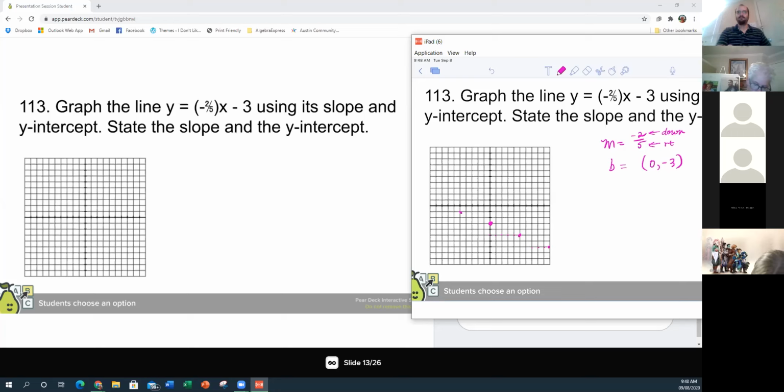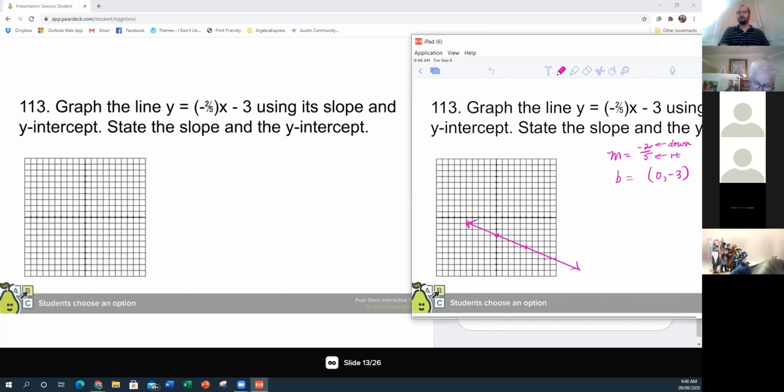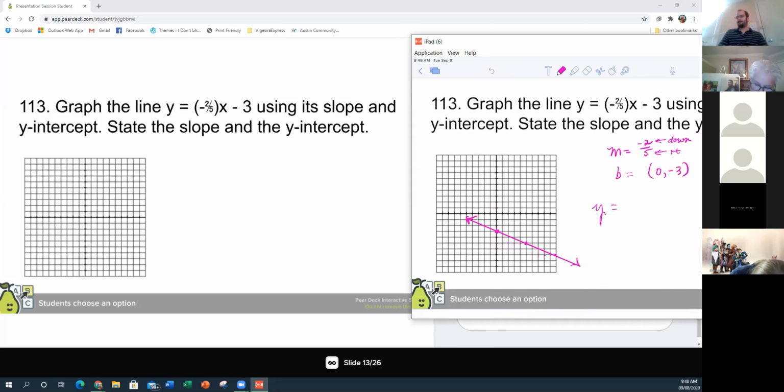But we know that the line has to be pointing downward. Any problems with that? Remember that if the equation is solved for y like it is in this case, this is your slope right here, and this is your y-intercept.